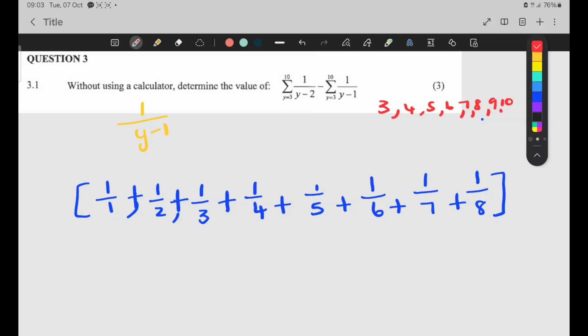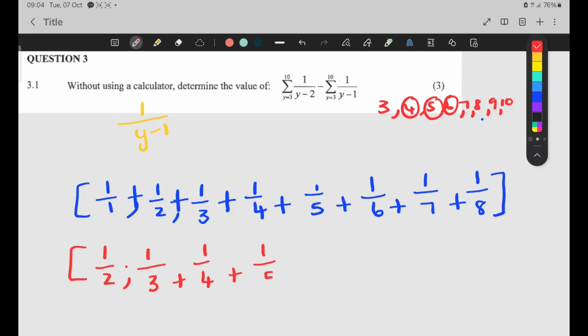So if I sub in 3, I get 1 over 2. If I sub in 4, I get 1 over 3. If I sub in 5, I get 1 over 4. Then if I sub in 6, I get 1 over 5. And so forth. So 1 over 7, 1 over 8, and I will stop at 1 over 9.